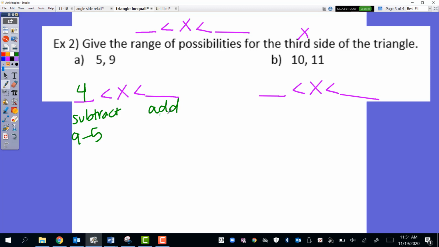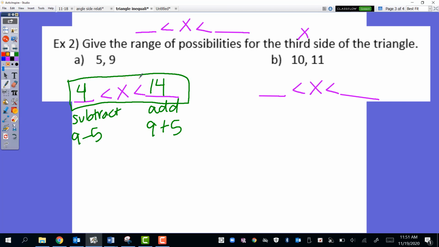And then on the other side, you're adding the numbers. So 9 plus 5. 9 plus 5 is 14. So what this says up here is that, okay, my third side has to be between the numbers 4 and 14, but it cannot actually equal either 4 or 14. So it's got to be somewhere in the middle. So this is my answer.